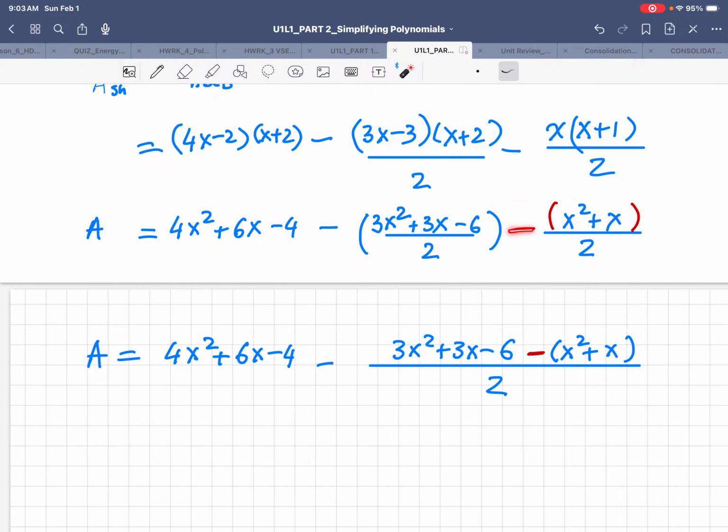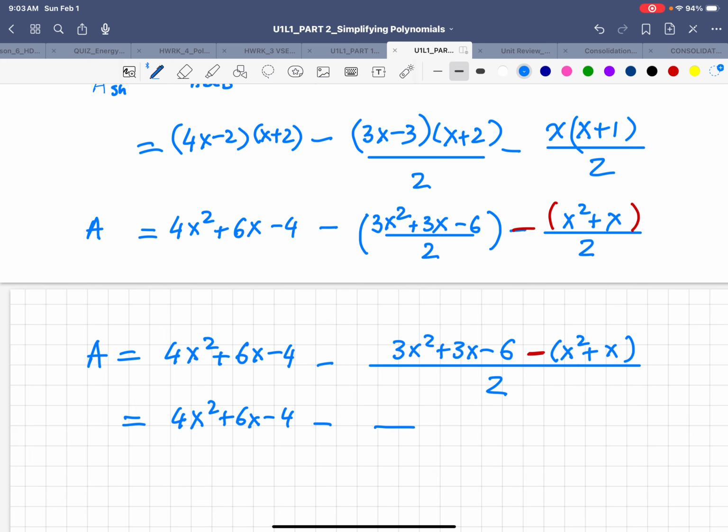Now, reminder that when you are subtracting a polynomial, more than one term, we have to take care of switching the signs, adjusting the signs of every term. So usually people put the minus before x squared and forget the x in here. So just be mindful of that. So we have 4x squared plus 6x minus 4, and then minus, keep that denominator of 2 there.